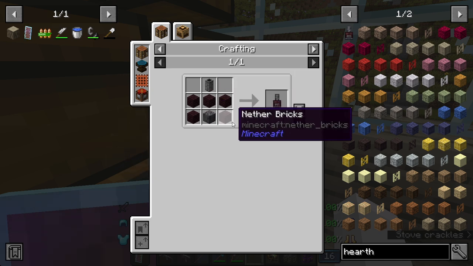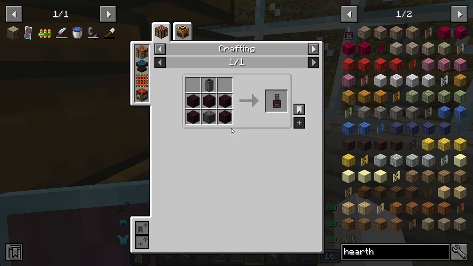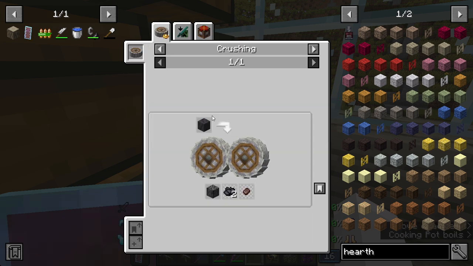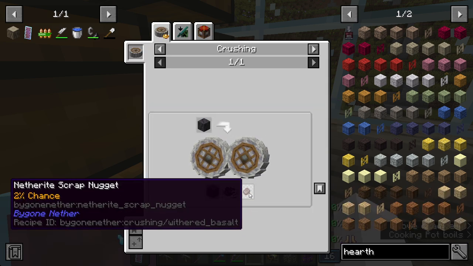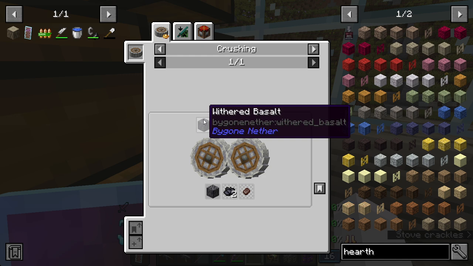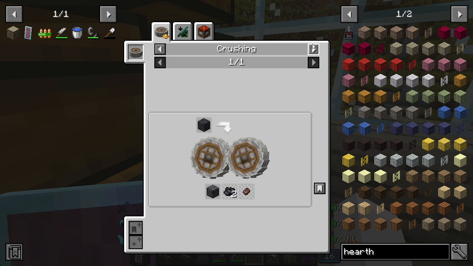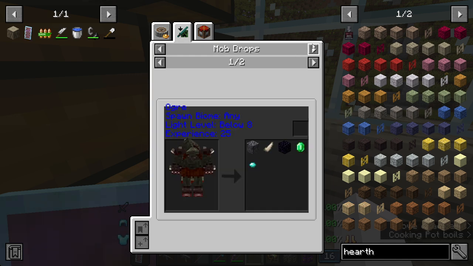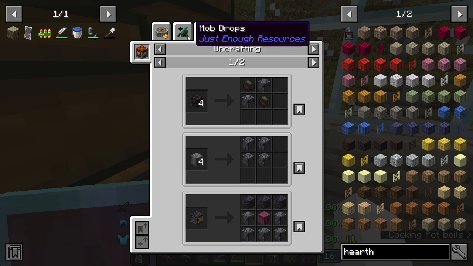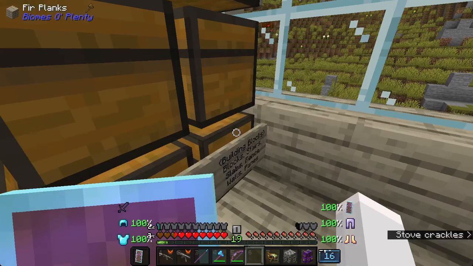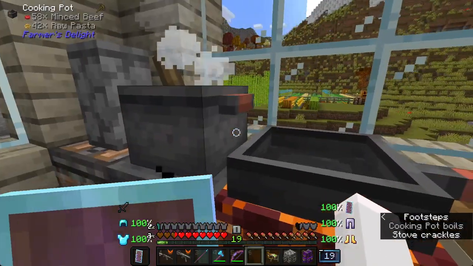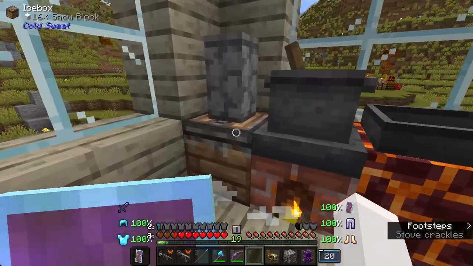I still need basalt. The best place to get this is in a basalt delta. So far though, we haven't found a single basalt delta yet.